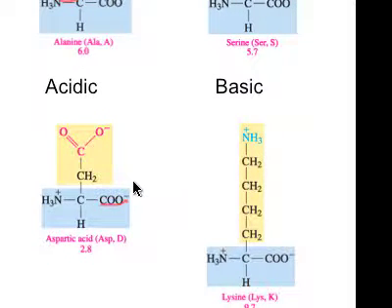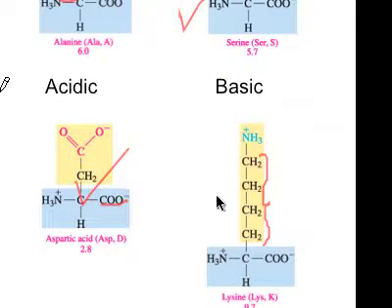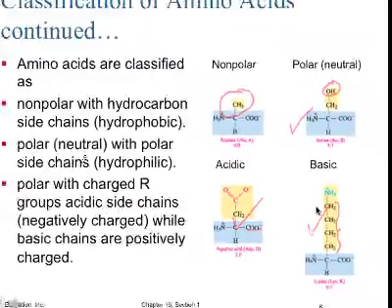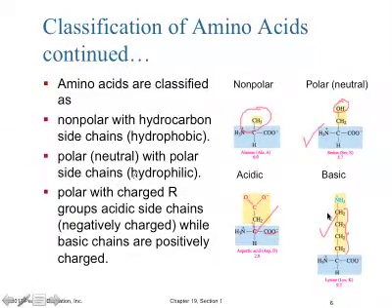So that makes it acidic and polar. If it's basic, it has the amino group and has a positive charge, and that is going to be polar as well. Now this group right here has a significant nonpolar part, but with that polar group at the end, it'll make this a polar amino acid. All three of these are polar, right? This is nonpolar. And that's talked about here and in the previous slide.